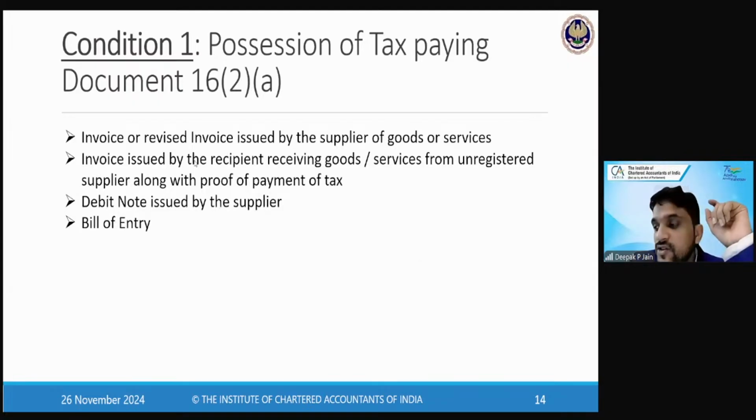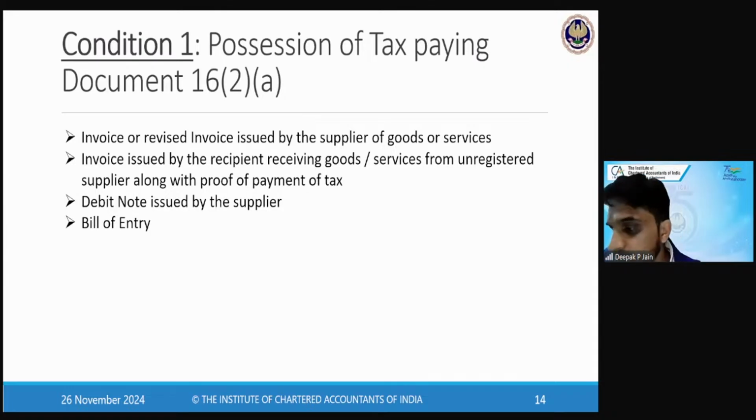So an invoice issued by the recipient receiving goods will be another document on the basis of which we can claim the credit. The third document on the basis of which we can claim the credit is the bill of entry. What is a bill of entry? Yeah, we have discussed this.